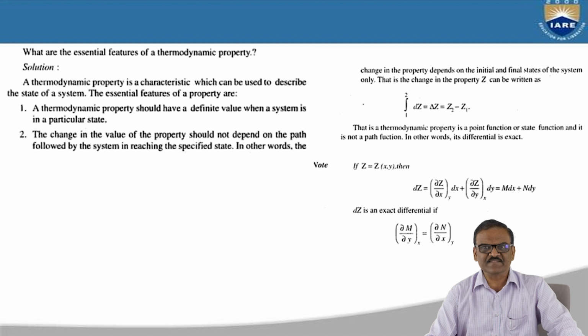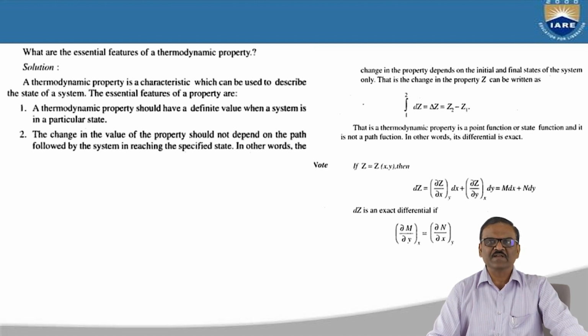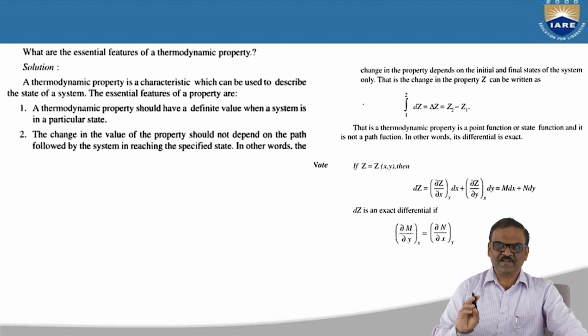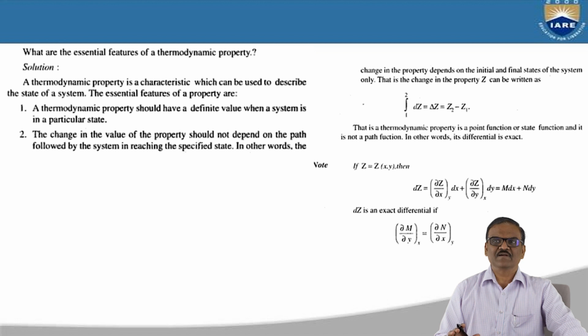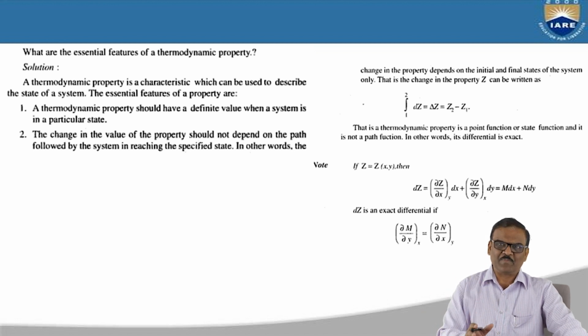The essential feature of the property is that it should have a definite value when a system is in a particular state. Definite value, that is pressure, temperature, volume, entropy, enthalpy. Like that, there are many thermodynamic properties. So you should have a measurable value.